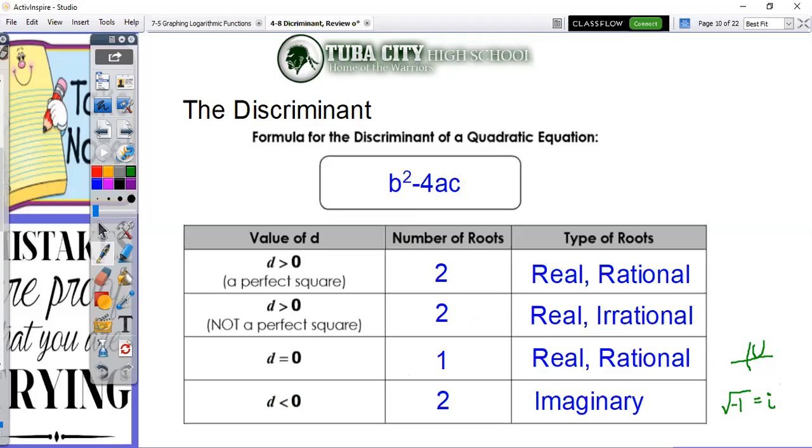There is no real solution, but it's also kind of not right because there is an imaginary solution. And again, that's a little bit of a difficult thing to explain, that it's not a real solution, it's an imaginary solution. Those are the kind of graphs that do not cross the x-axis. And since there is no crossing of the x-axis, there is no real root, no real 0 or solution.